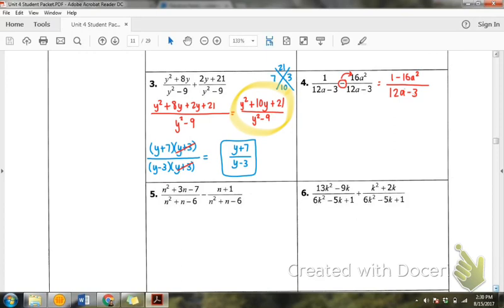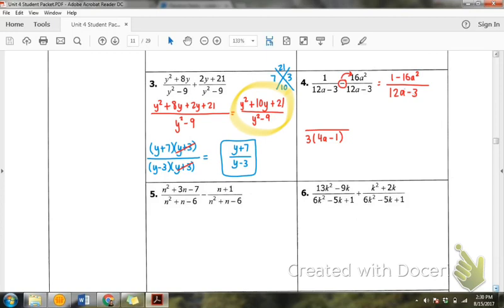So once I'm done combining like terms, what do I check for? Common factor. See if I can factor anything. Can we factor the denominator? Let's look at the denominator first. What do they both have? A 3, right? So let's go ahead and factor the denominator. Pull a 3 out, which leaves me with 4a minus 1.